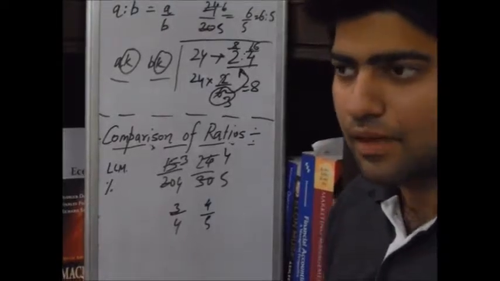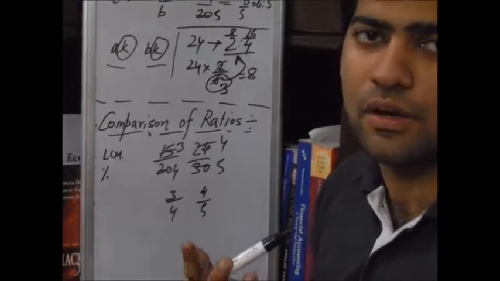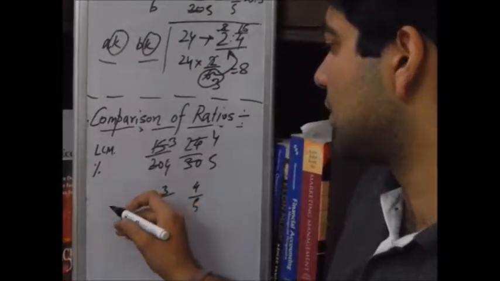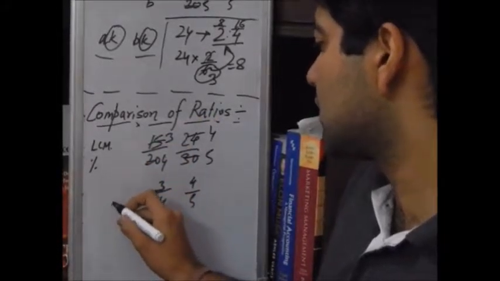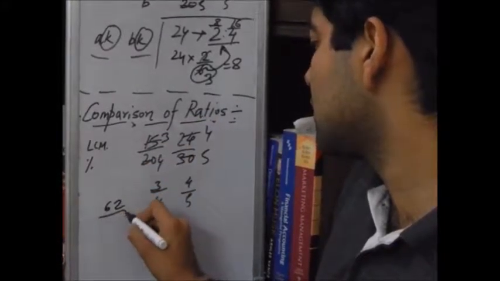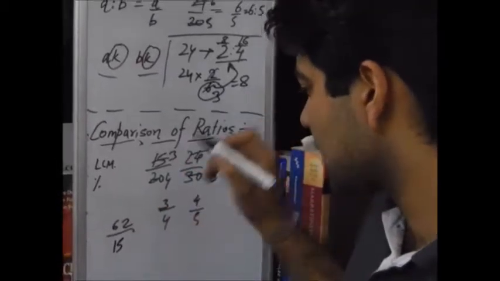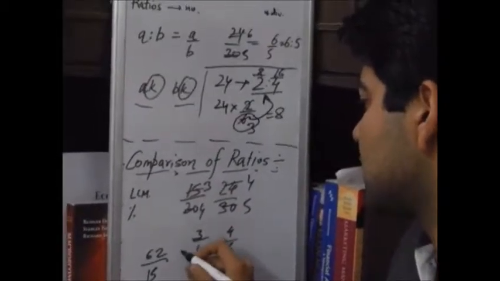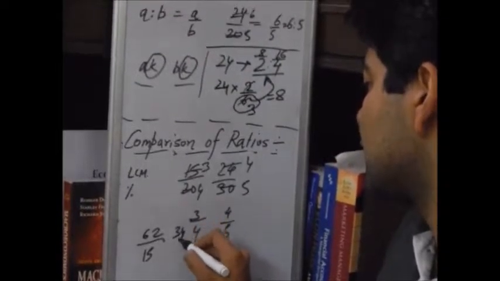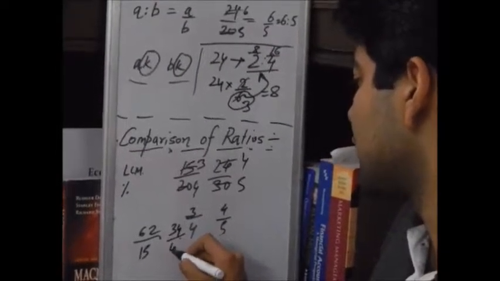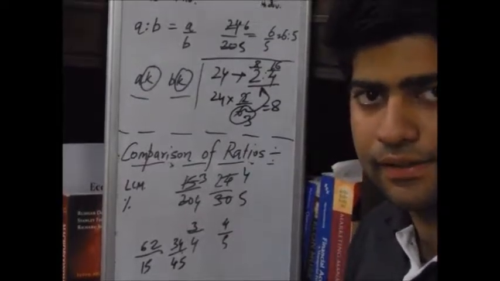Very simple. But suppose the numbers are very tough, so maybe you can say 62 by 15, and the second number is maybe 34 by 45, right?